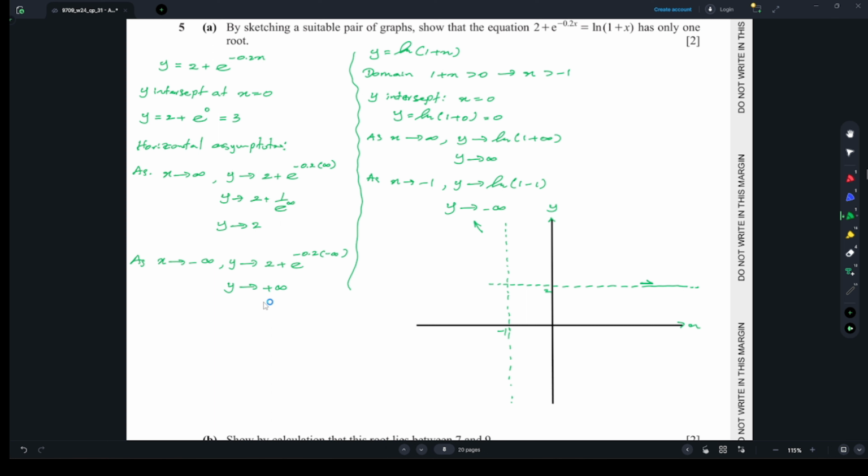We don't know exactly. And it should intercept the y-axis at 3. So you can just connect these two. It will be a graph something like this. I will just try to make it more curvy.